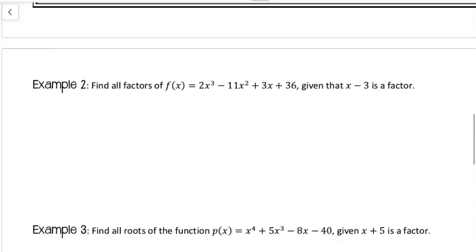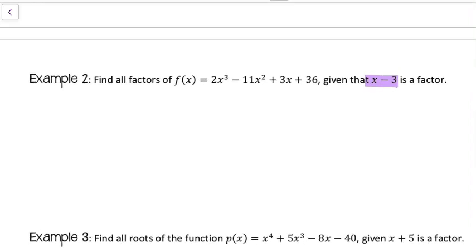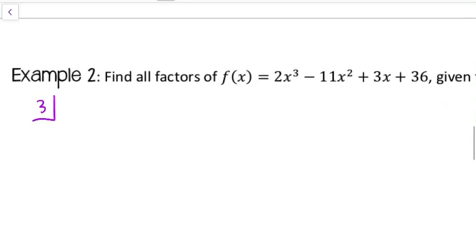So next, if we want to find all factors of f of x, given that x minus 3 is a factor, well, we can find all the others. So let's do synthetic division. What number is going to go in the box? Well, we set that equal to 0, and it's obviously x equals 3. So we put 3 in the box, and across the top, we will put all of the exponents beginning with whatever we have, and we're just going to go in order.